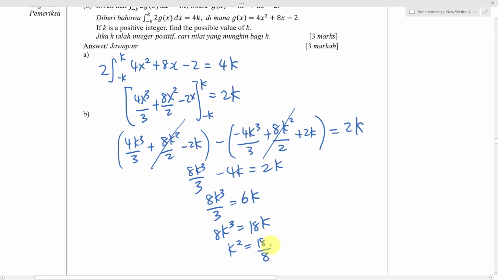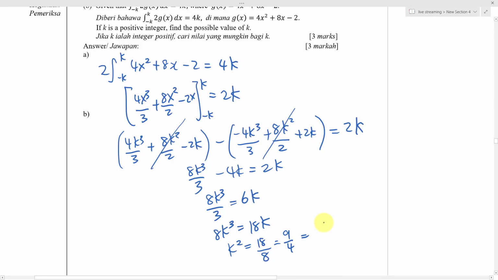Did I make any mistake here? Power plus 1 divided by total power. Power plus 1 divided by total power. 2k plus 2k equals to... this one can simplify to 9 over 4.